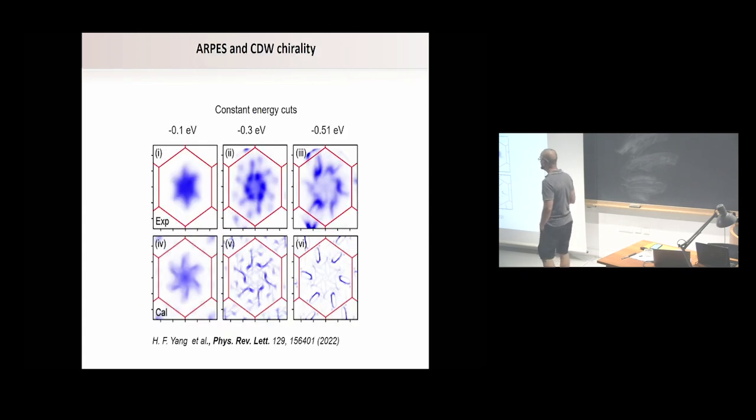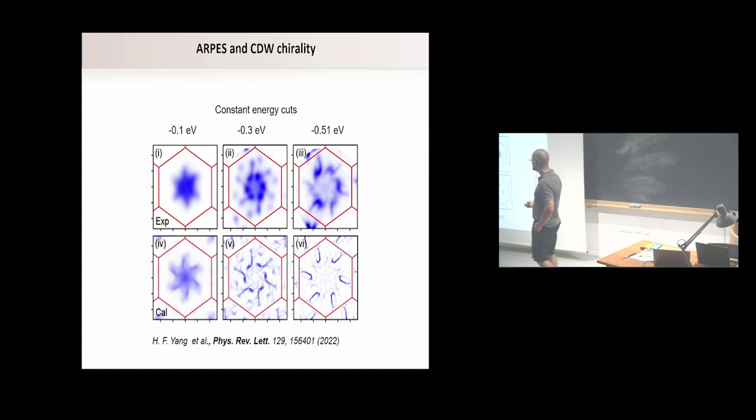Okay, another way this in-plane chirality gets imprinted on the properties of the material is in photoelectron intensity maps. So if you take here constant energy cuts, in this paper they have been shown at different energies from the Fermi level: 0.1, 0.3, 0.5. You see that there is a winding related to this in-plane chirality, and here it is a little bit less direct to understand.